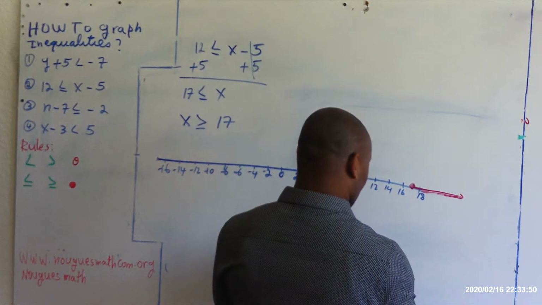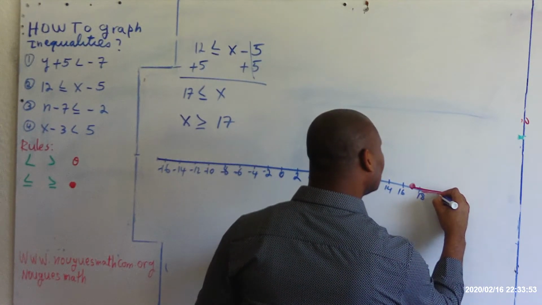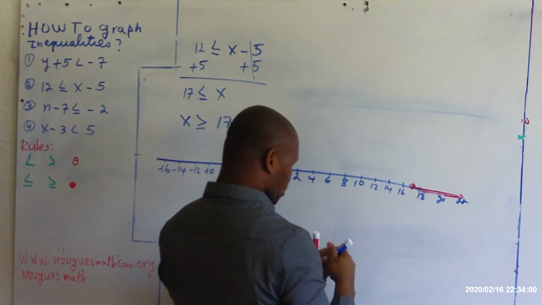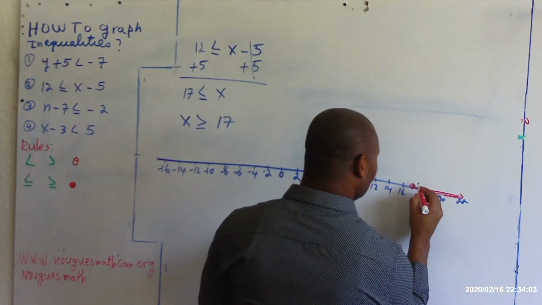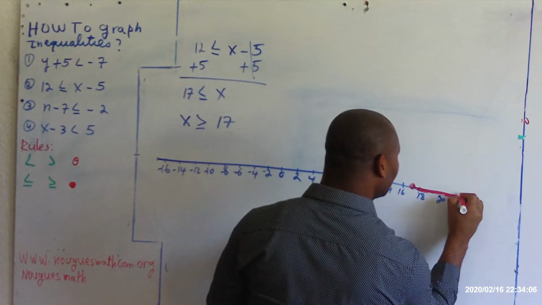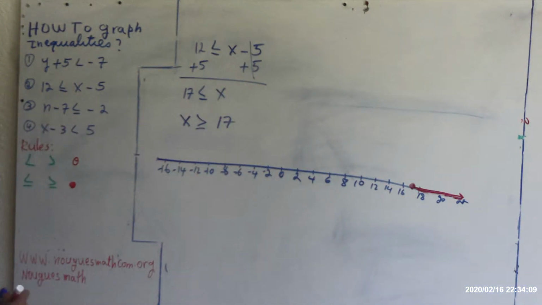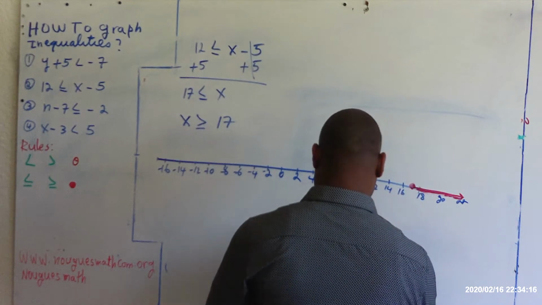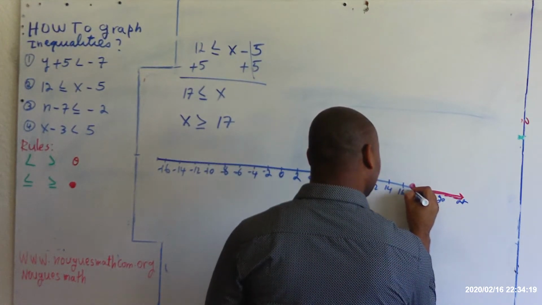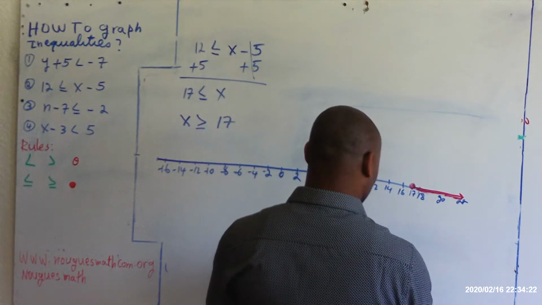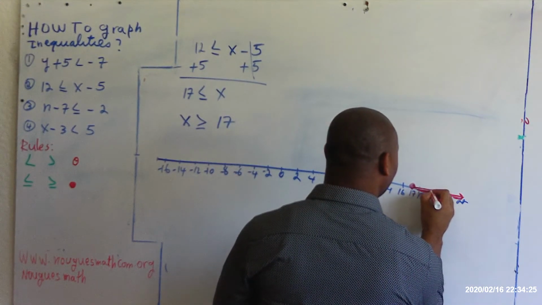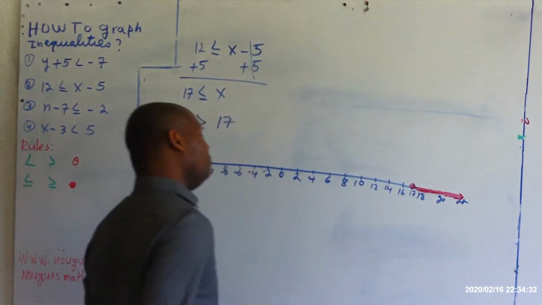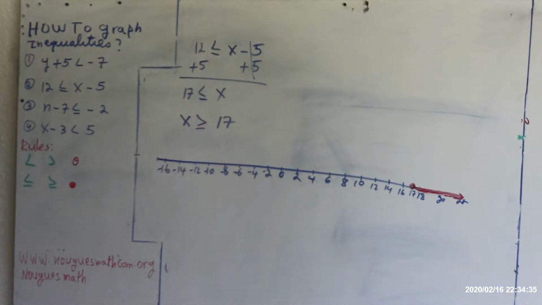We can put 20, 22. We start with 17. Let me write it for you, 17, so that you can see it's 17. Alright, that's not bad.